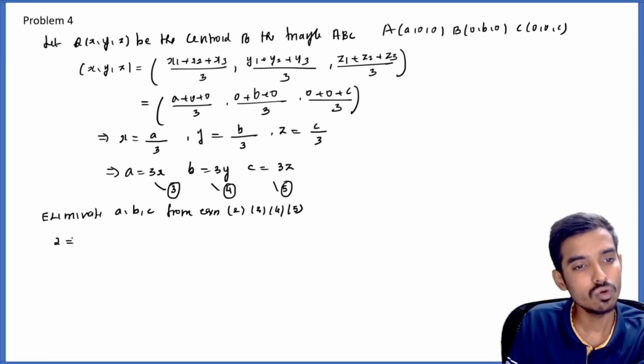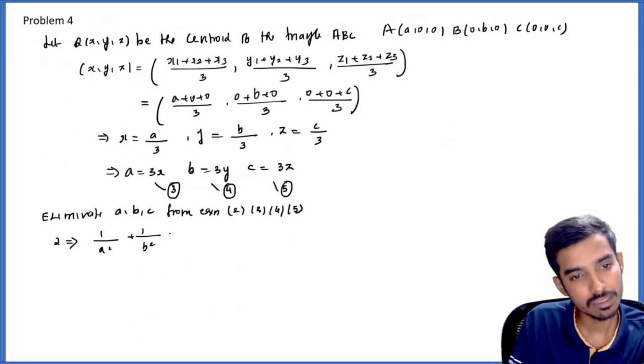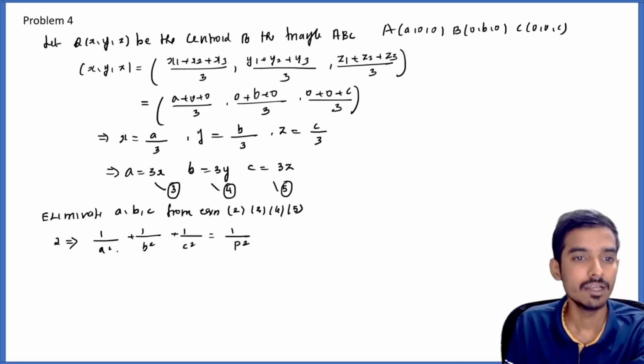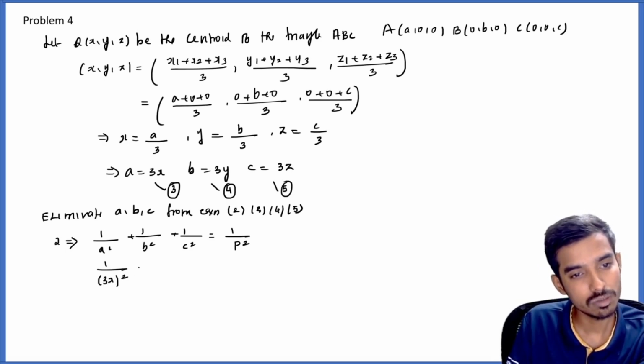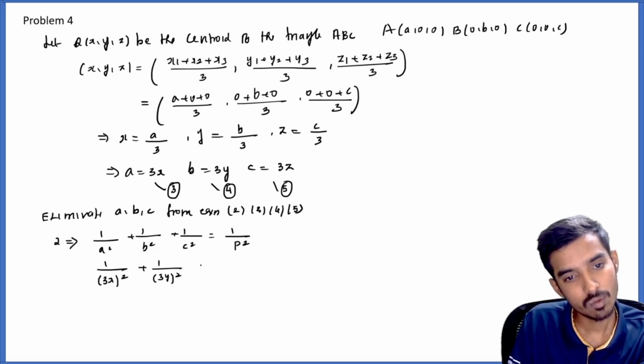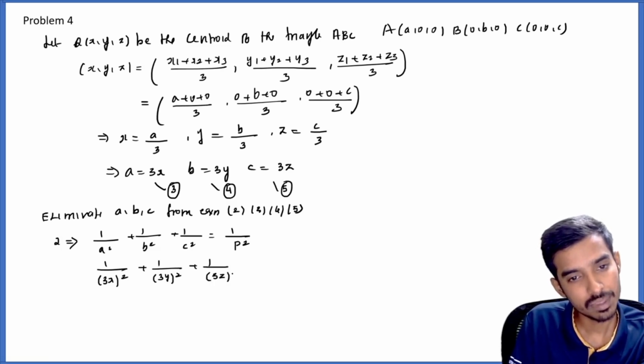So from 2 we have 1 by a square plus 1 by b square plus 1 by c square is equal to 1 by p square, right? Let's put a equal to 3x, b is 3y, and c is 3z. So this is 1 by 3x whole square plus 1 by 3y whole square plus 1 by 3z whole square, equal to 1 by p square.